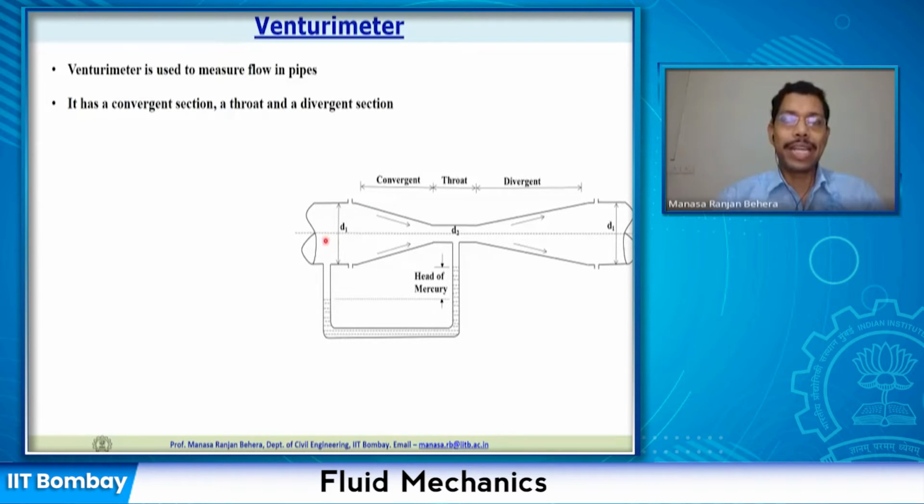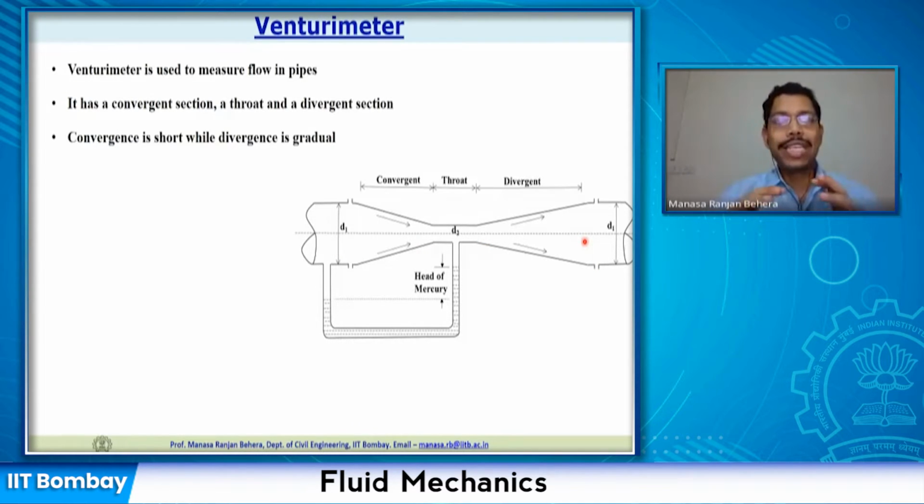Then only you can attach it. And the end portion of the divergent section should also have the same diameter as the pipe, so that you can fit it into a section of the pipe and connect it in between, so that you can measure the flow. Now the convergence is short, or rapid, while the divergence is slightly longer, given as a gradual variation.